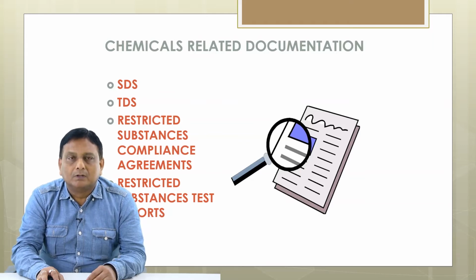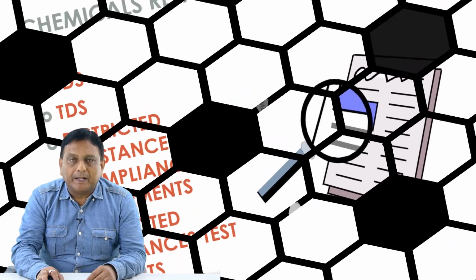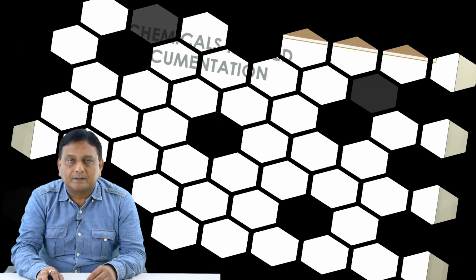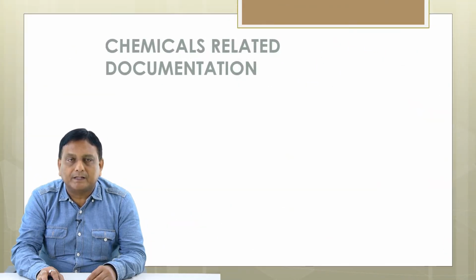This is also very important, because the substances which are restricted must be accompanied by a proper test report. So, that is why the management of this RSL compliance is very important inside a factory.